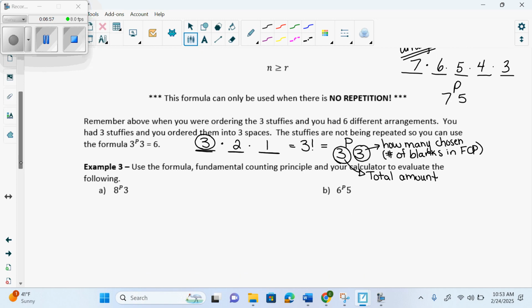8P3. I want you to put that into your calculator. 8P3, go. Make sure you're typing 8P3. What do we get?